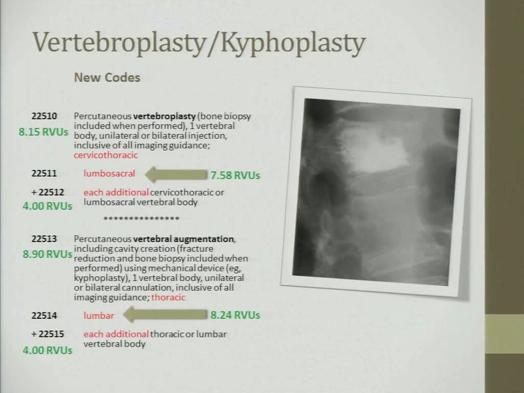Vertebroplasty stabilizes a compression fracture, while kyphoplasty remodels the bone, usually by use of a balloon and subsequent injection of cement. That essentially is an augmentation of the vertebral body to restore the height. We have artfully used the term vertebral augmentation to differentiate kyphoplasty from vertebroplasty.